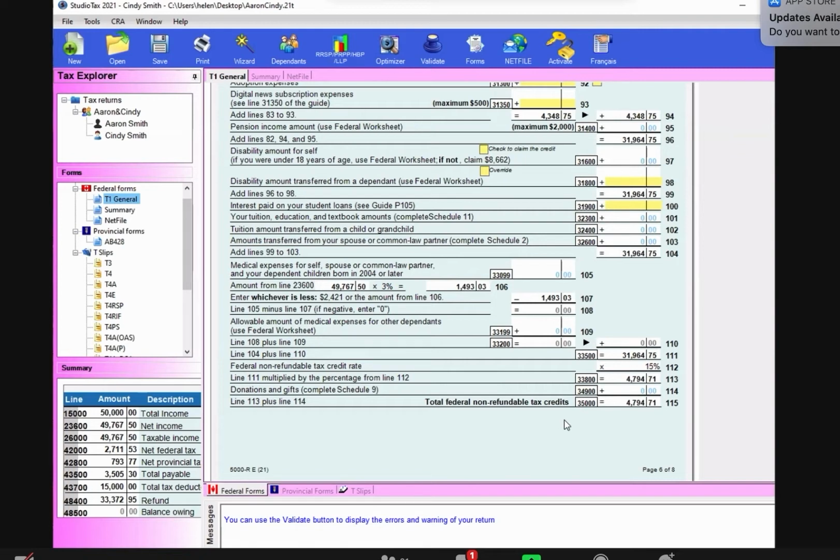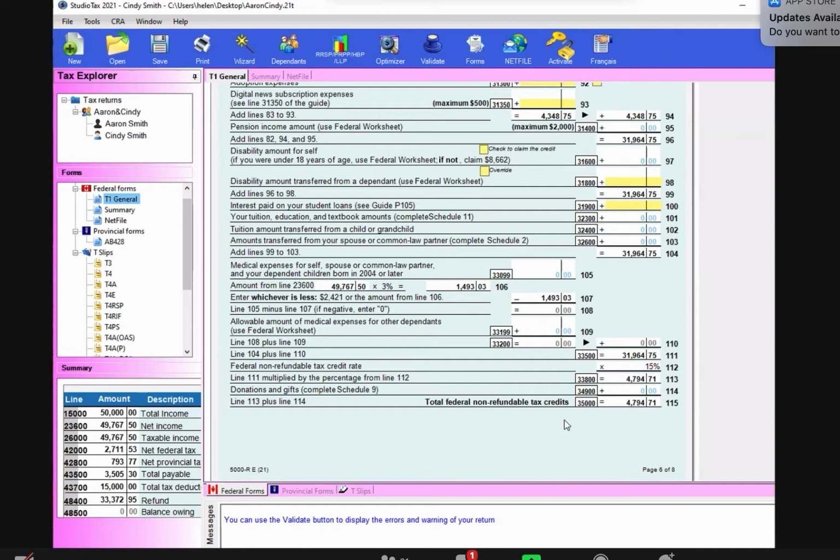So that's a different credit. So we just pick the person with low income because of the credit. Why is it different? Because the expenses are reduced by 3% of net income.